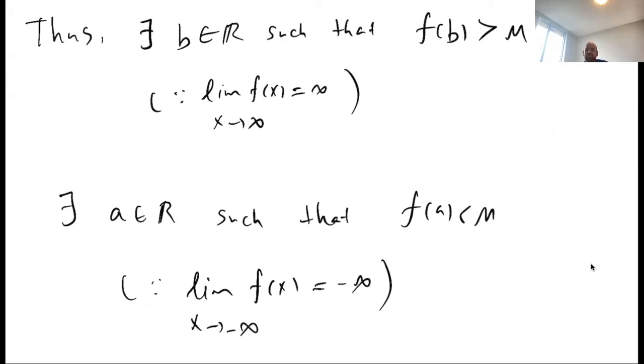So the limit equals minus infinity means the outputs will ultimately get smaller than any given number, any given m value. So ultimately, the output will become less than m for at least one input a. So I'm calling that input a, and for input a, f of a will be less than m.